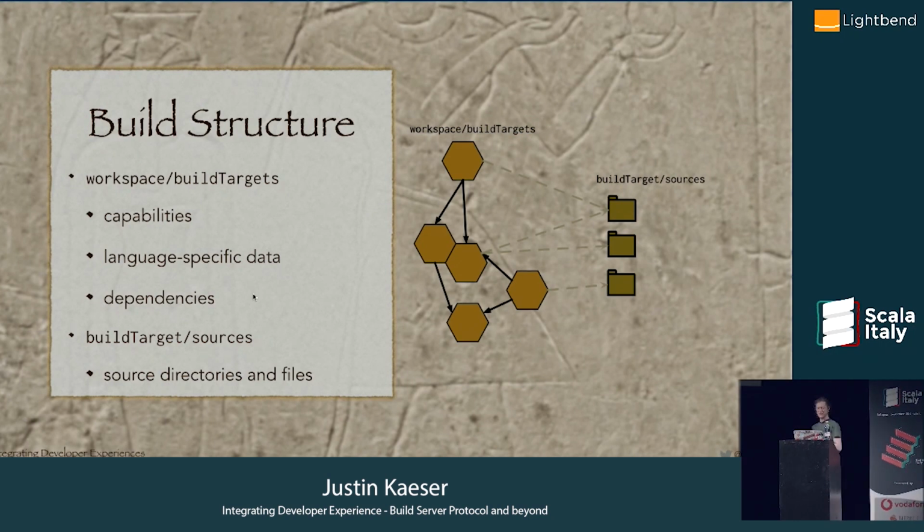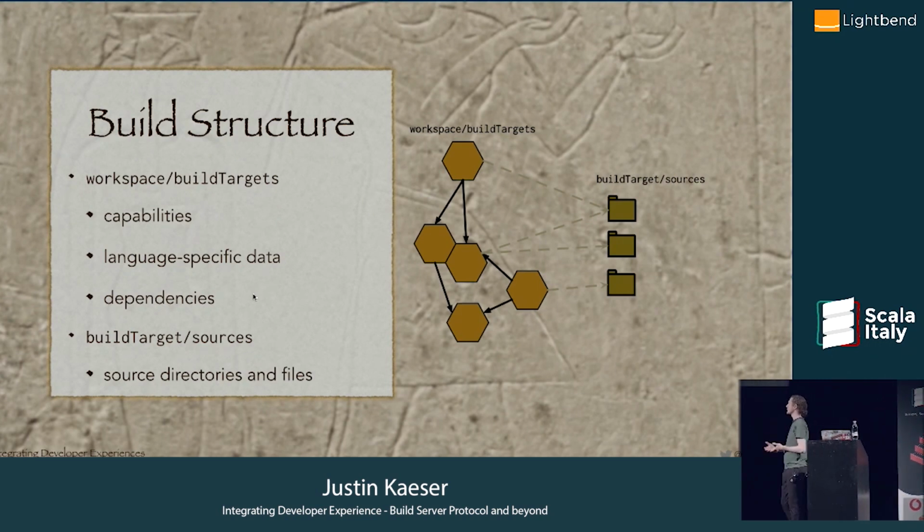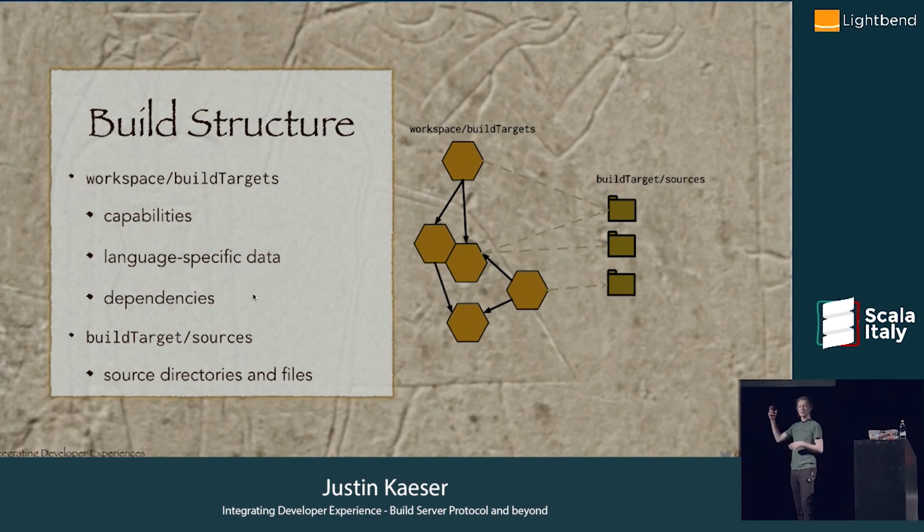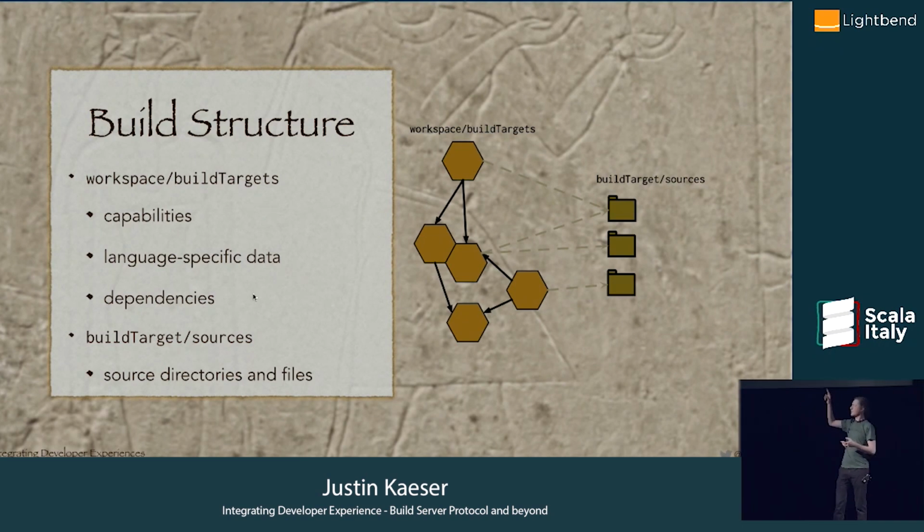A target is a bunch of sources, and they have some associated metadata such as capabilities. Can you compile it? Can you test it? Some language-specific data like JVM or Scala SDK, and dependencies on other modules, other targets.